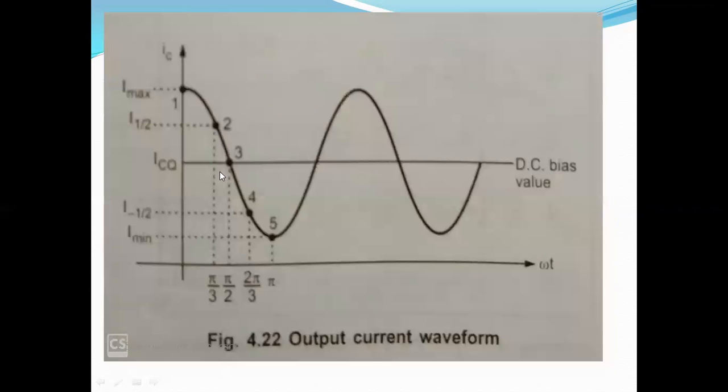Similarly, at point 2. Point 2 means at this point. At this point, what is omega t? Omega t is pi by 3. And at this point, what is collector current? That is I1 by 2. Substitute those two values at point 2 in this equation.